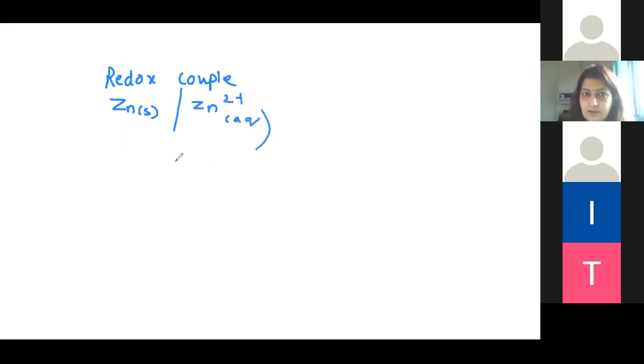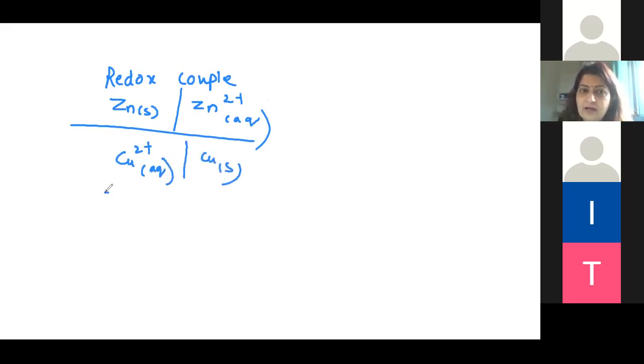This is a redox couple. And the other one is Cu2+ aqueous forming Cu solid. So this is the way, a sign for showing the redox couple.